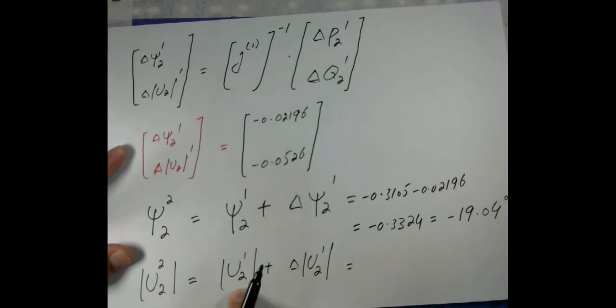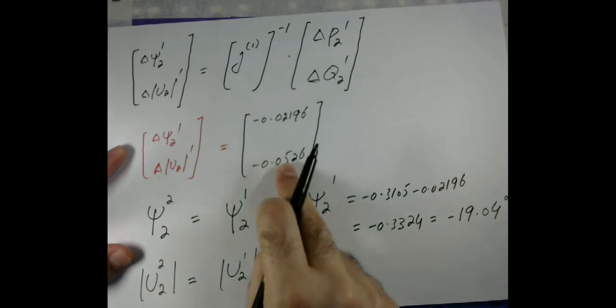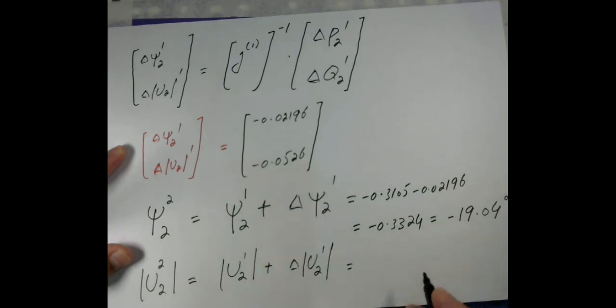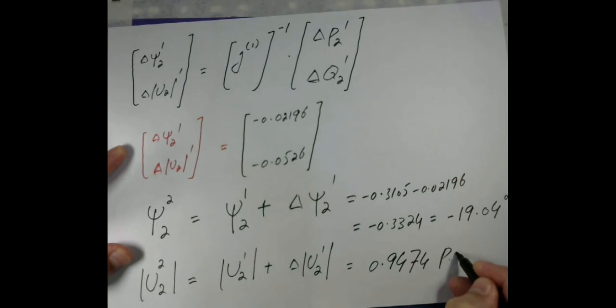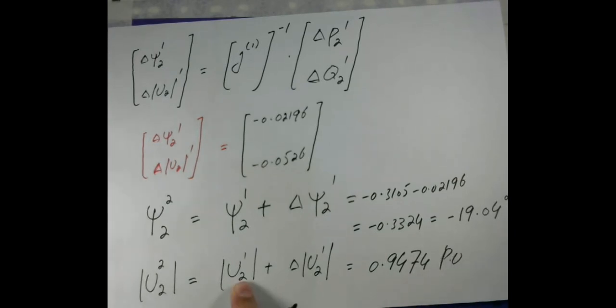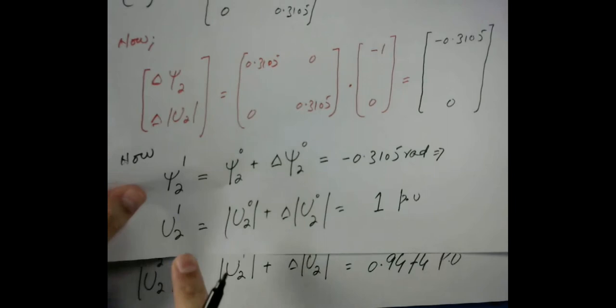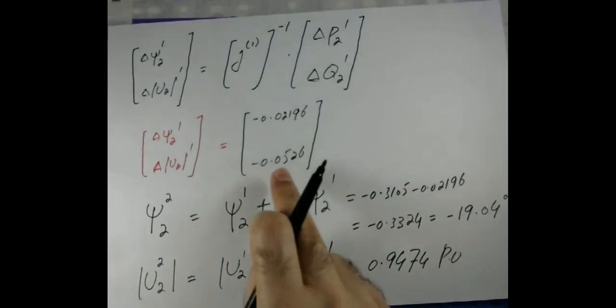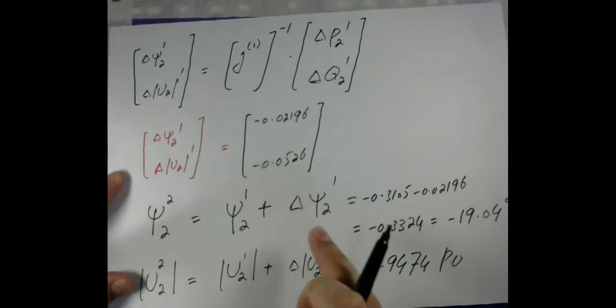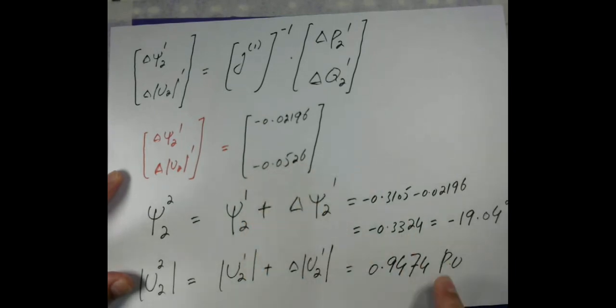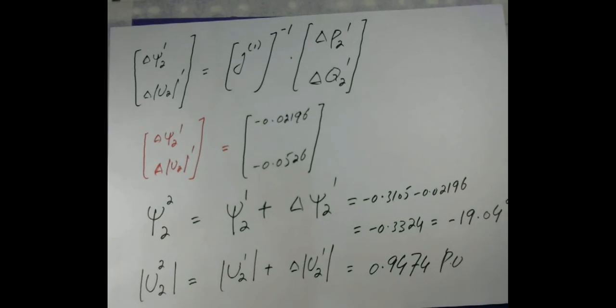It was equal to 1, and adding this negative value to it, 1 minus this value will be equal to 0.9474 per unit. If you remember, u2 1 was equal to 1 per unit. Now adding this value with a negative sign, it becomes 0.9474 per unit. So now we have completed the two tasks.